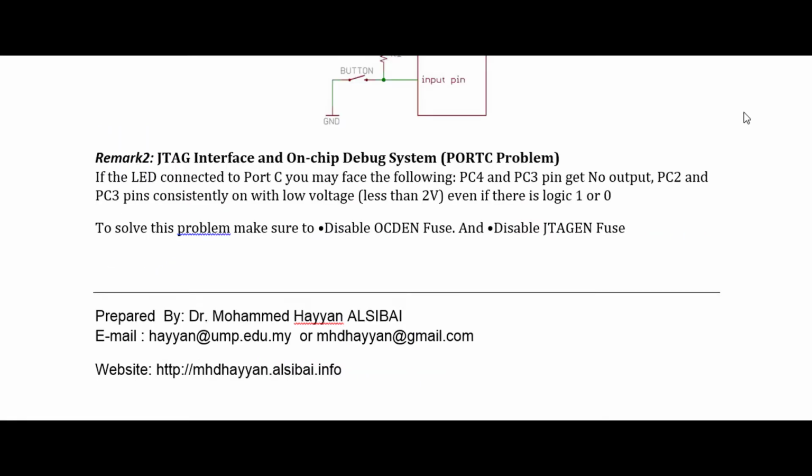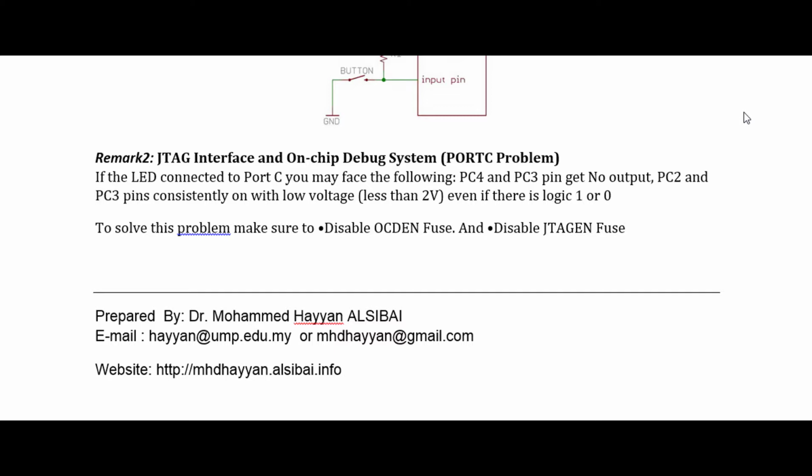One remark before we move to the circuit: sometimes when you use port C for the first time in your microcontroller Atmega32, you may face this problem. If you connected LEDs to port C, sometimes PC4 and PC3 get no output. PC2 and PC3 pins continuously give low brightness because they have low voltage output, less than 2 volts.